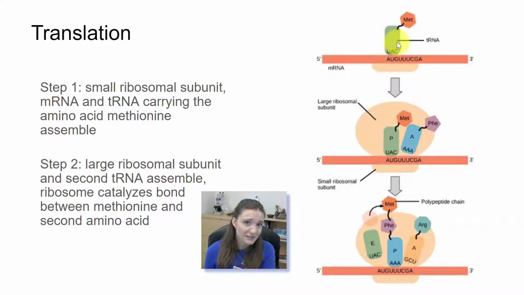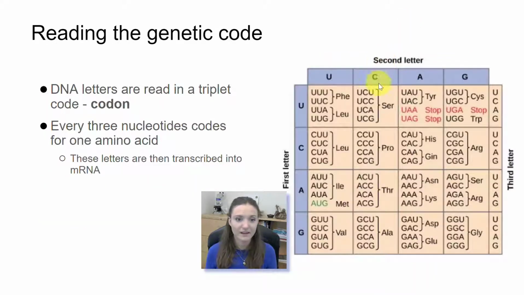There's going to be tRNA that comes in that has an anticodon that matches up with the very first codon of the mRNA. All proteins have their very first amino acid codon as AUG. AUG is what we call the start codon. So if we go back to our chart, AUG right here, it's in green because that is our start codon.